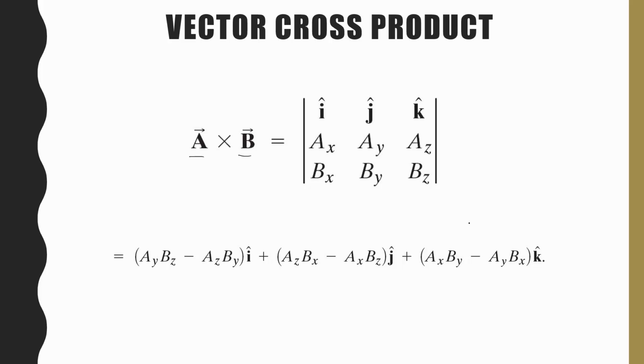We get a vector out of multiplying these two vectors. And here's this nice long ugly formula. You might want to jot that down because you'll have to use it occasionally. If you know how determinants work for 3x3 matrices, then you can just figure it out from this matrix here, but it's probably quicker to just write that down.